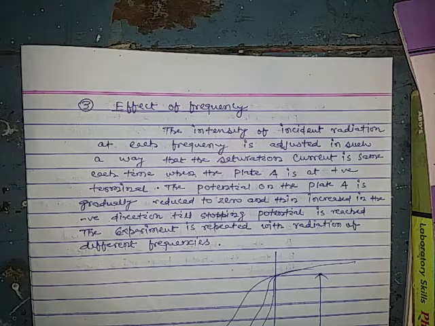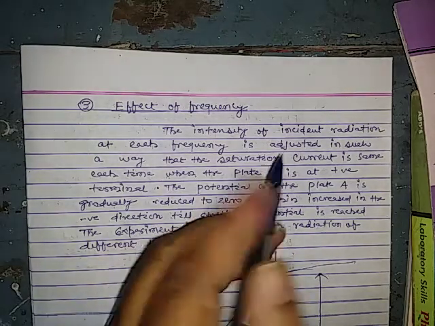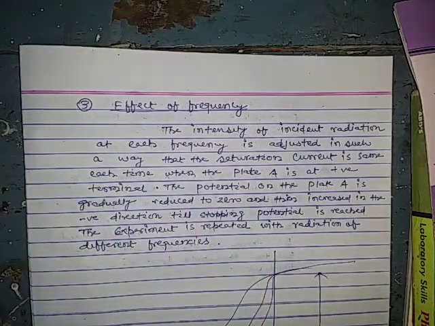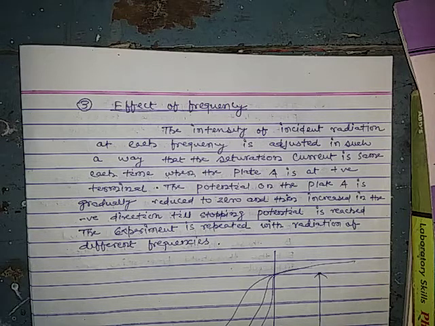The potential on the plate A is gradually reduced to zero and then increased in the negative direction till the stopping potential is reached. The experiment is repeated with radiation of different frequencies. Then we see that in each case the saturation current is the same but the retarding potential is different.